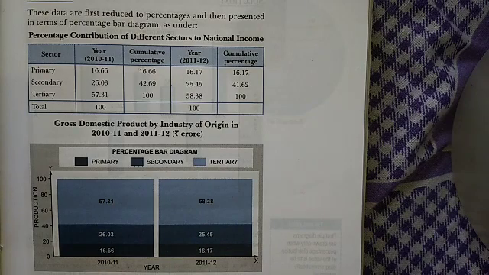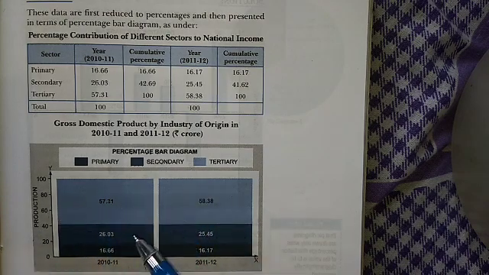Now in 2010-11, primary sector shows 16.66%, and secondary shows 26.03, and tertiary shows 57.31, right?